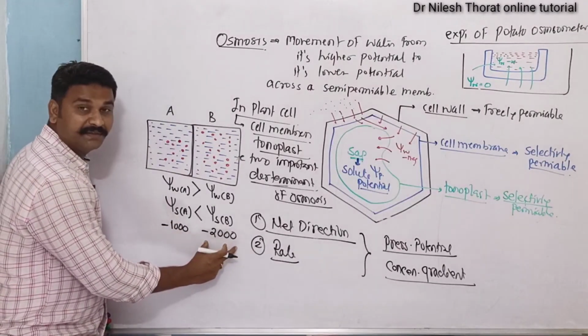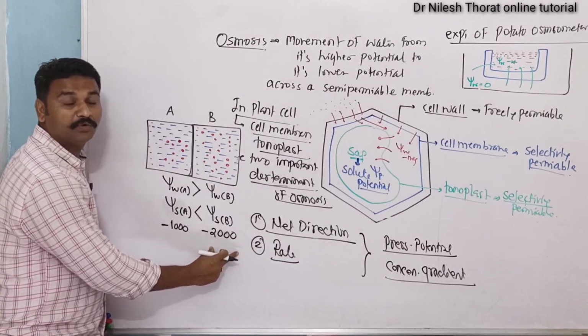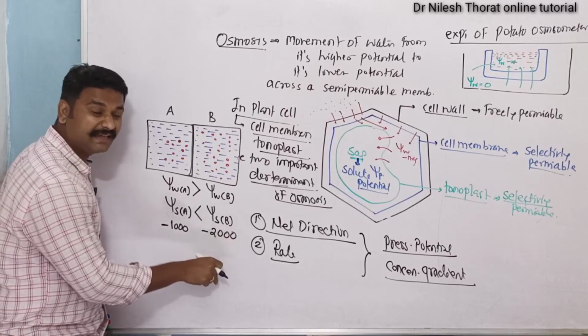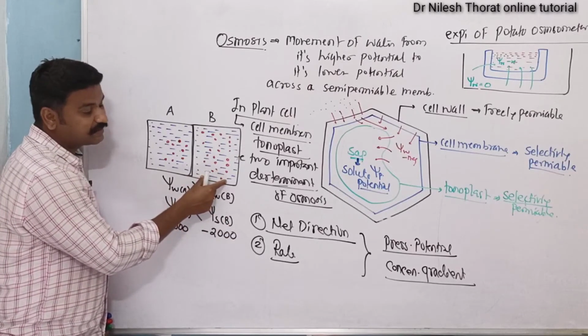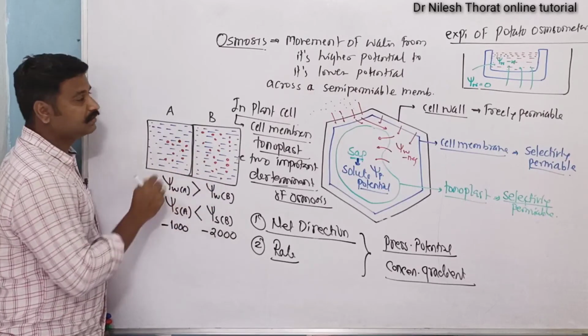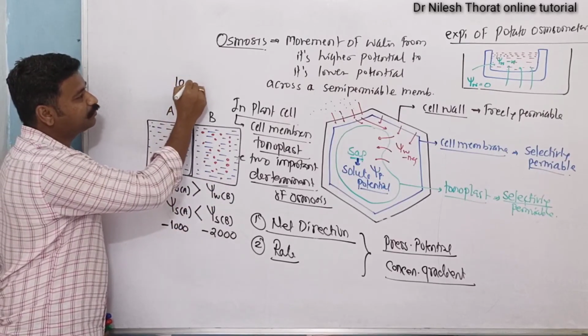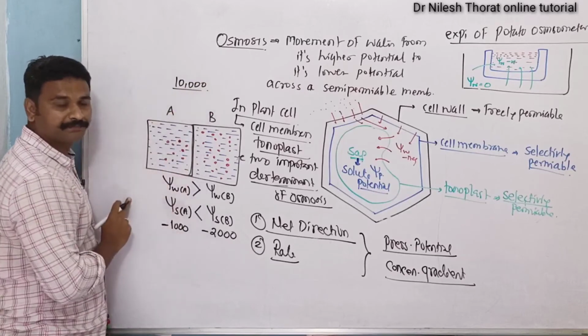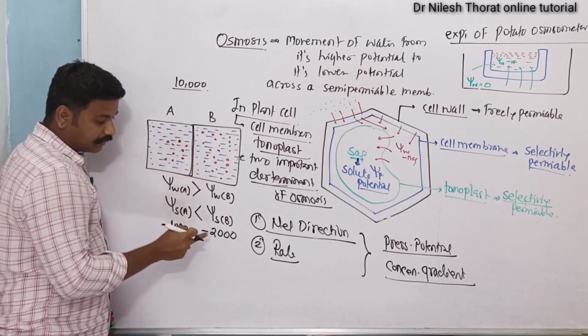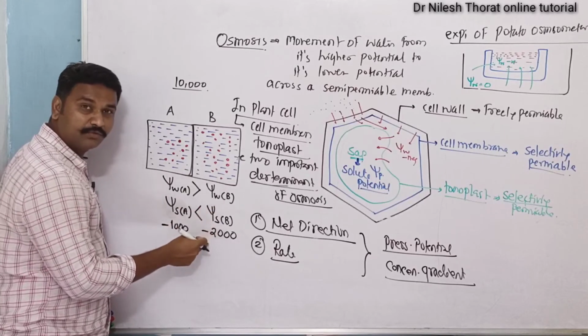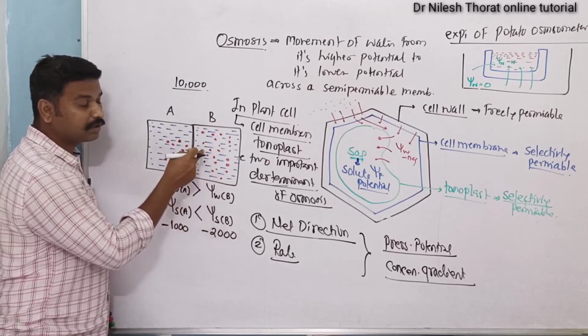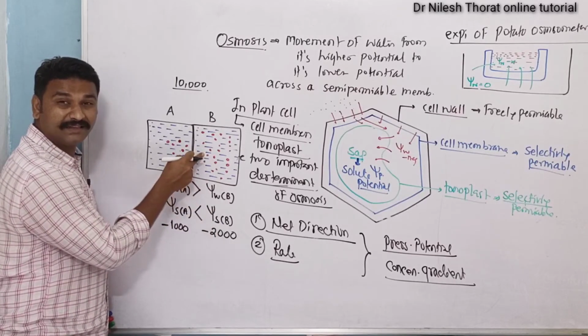Here in system B there are 2000 molecules of solute which will engage 2000 molecules of water. Let's say in both the systems we have 10,000 molecules of water. So for engaging these 2000 molecules of solute, 2000 molecules of water will get utilized.